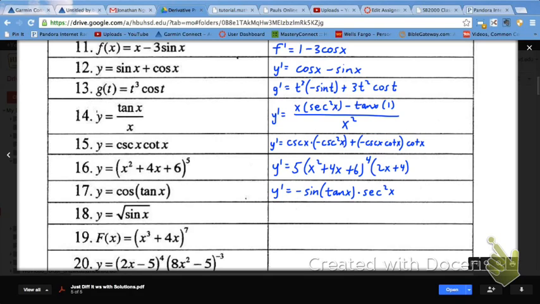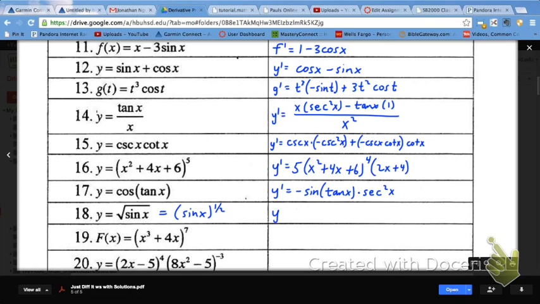Okay? So just like up there on one of those previous problems, on number 18, I don't like to take the derivative of the square root of something. So I'm going to rewrite this guy in terms of something to a power. What's under the radical is the sine of x, and that square root means that sine of x is being raised to the 1/2 power.